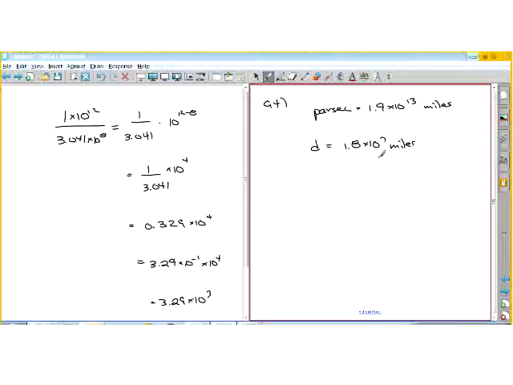Well, this number is bigger than that, so it's going to be a fraction between 0 and 1. And what you would do is you take D divided by the value for the parsec. So you'd have 1.8 times 10 to the 7th miles.